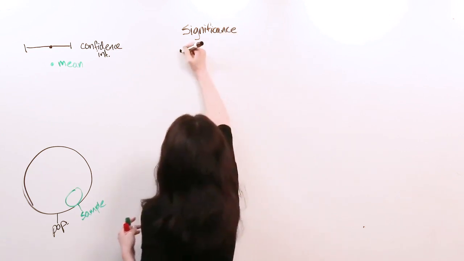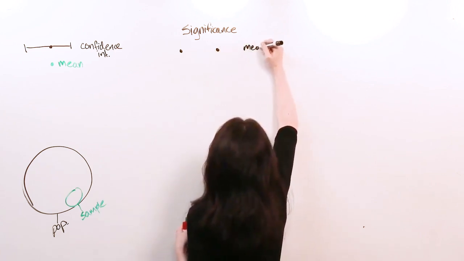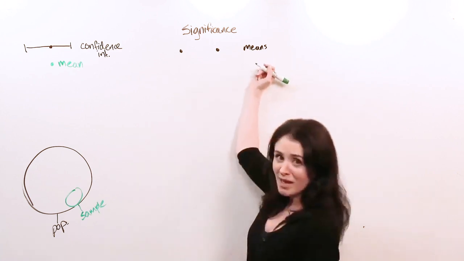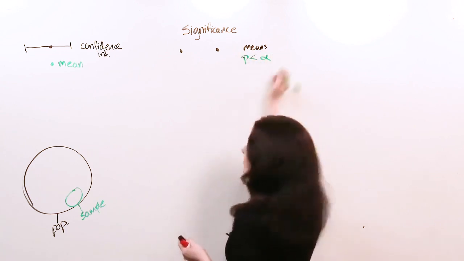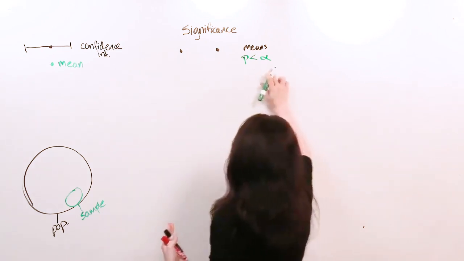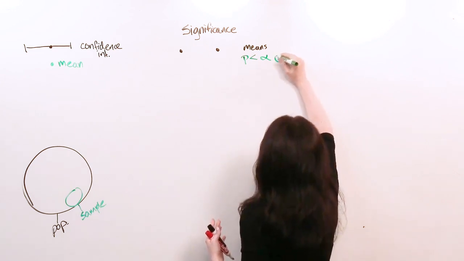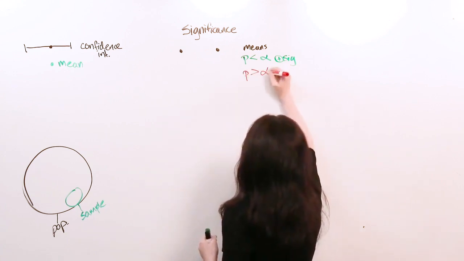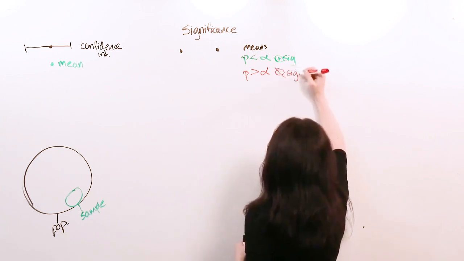And so the way that we did that was we were comparing two means. And if our p-value, which we calculated from our data, was less than alpha, the predetermined cutoff for what is statistically significant, we had reached significance. And if p was greater than alpha, we had not reached statistical significance.